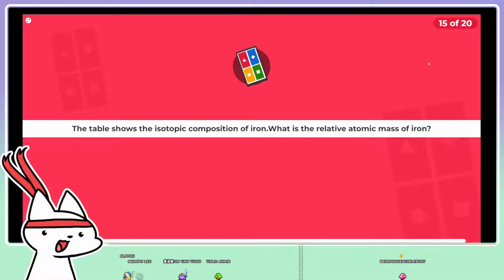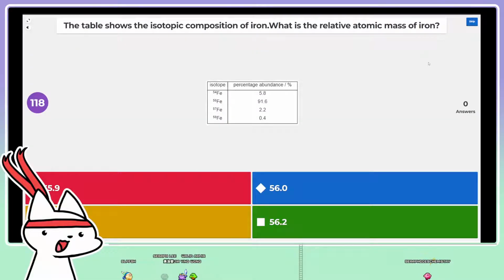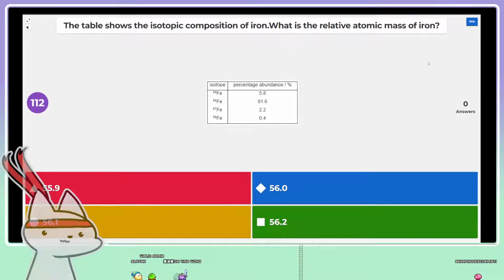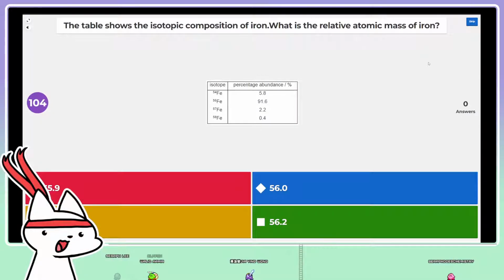Okay, so the table shows the isotope composition. This one is a calculation and it's a straightforward one. You need your calculator though, because there are 4 different isotopes adding up to 100%. So start calculating. I will announce the time when it's 20 seconds to remind you, okay?